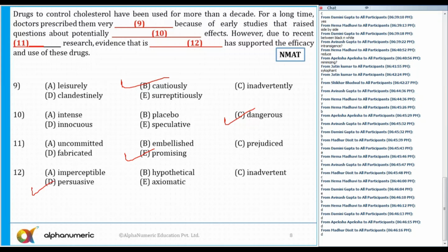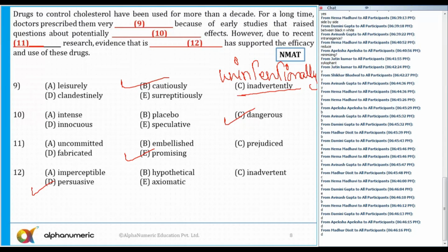Inadvertently means unintentionally. Okay, if you do something advertently, you do it intentionally, जानबूझ के. If something happens inadvertently, it was unintentional. Clandestinely and surreptitiously means secretly.